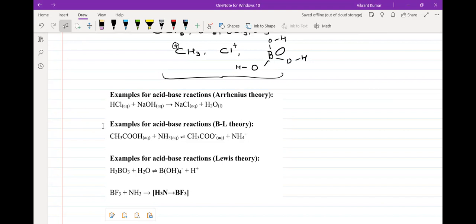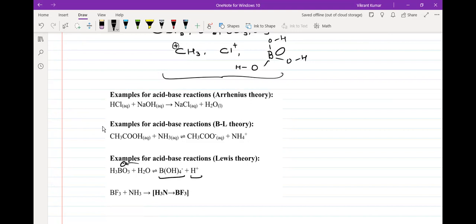The third definition, as I told you, is that boron's vacant orbital is going to capture the lone pair, or it is forming a bond with the lone pair given by the base. And that's why we are saying OH minus is forming a bond with B, and as a result it is releasing H plus.